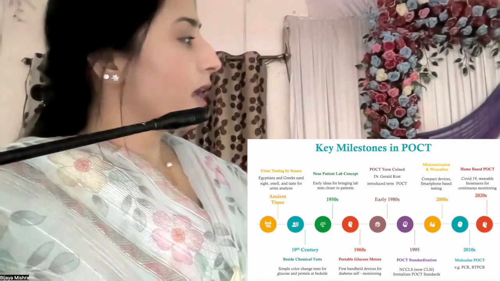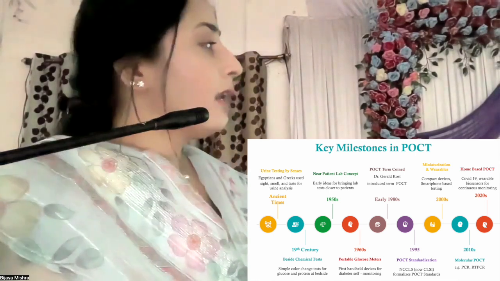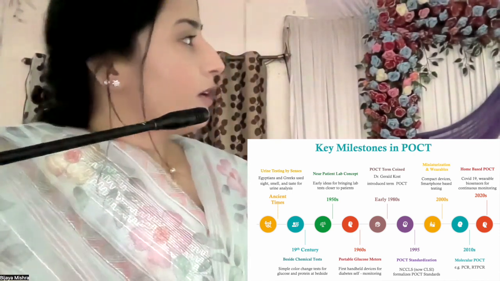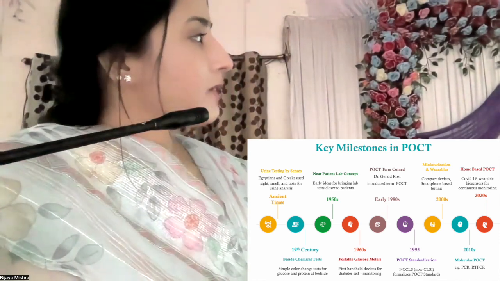And with recent advances, we can see that in the year 1995, the standardization of point of care testing was done. And it was the same year that rapid diagnostic kits for HIV and infectious diseases were initiated. And in the year 2000, we can see that small portable point of care testing devices were used.